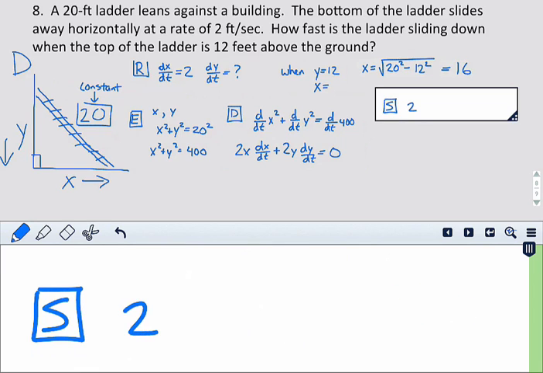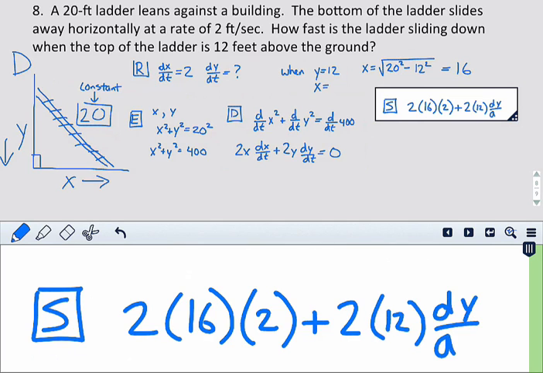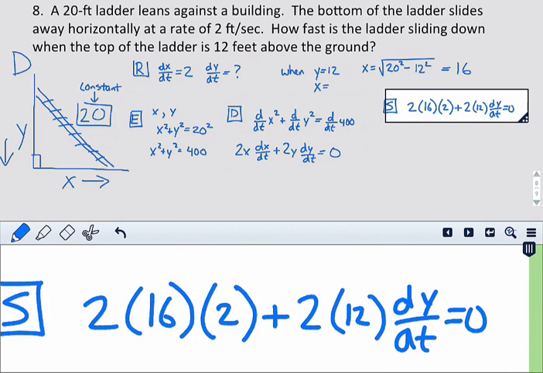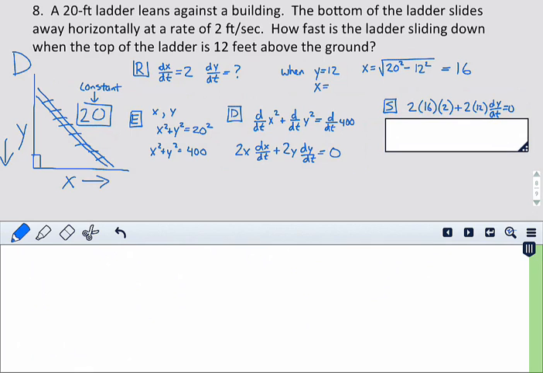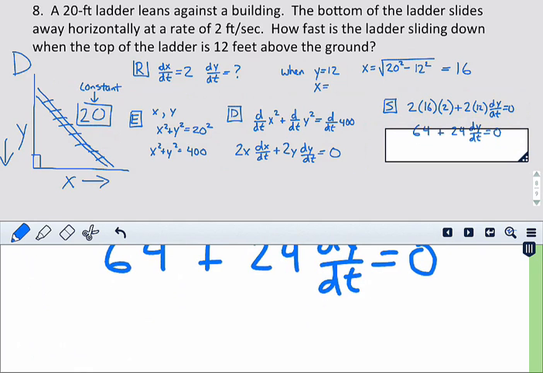So we're going to get 2 times 16 times its rate of 2 plus 2 times y, which is 12, times its rate, which we don't know. And that is going to equal 0. So now let's go ahead and simplify. So we get 64 plus 24 dy over dt equals 0. And we're going to subtract the 64.